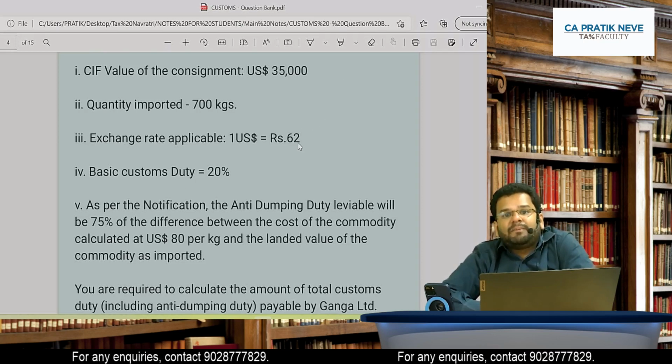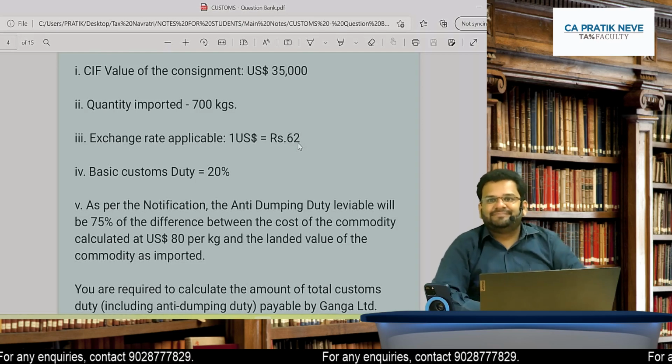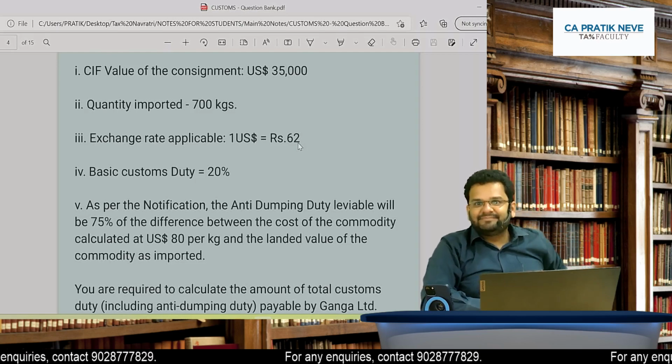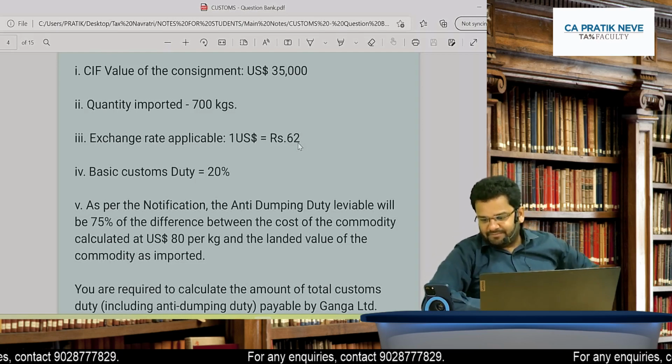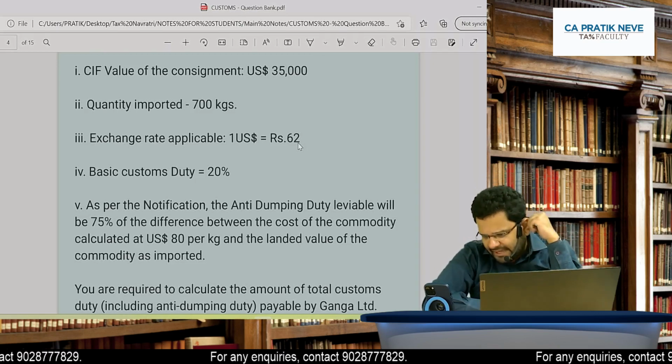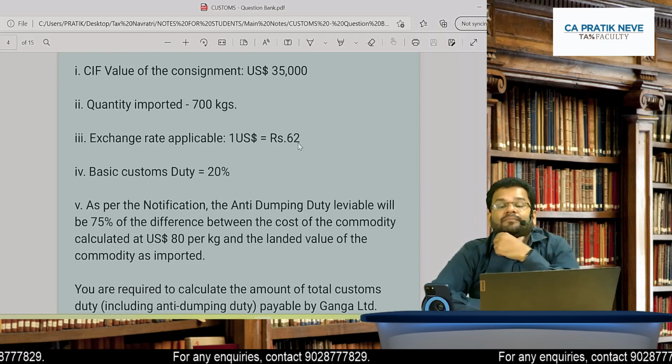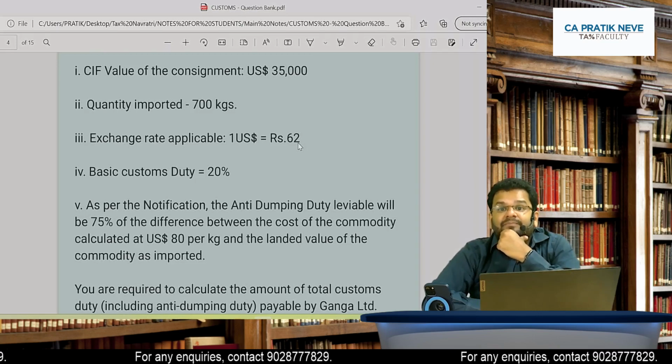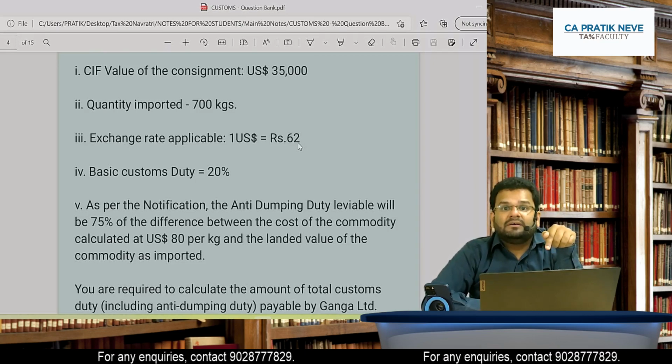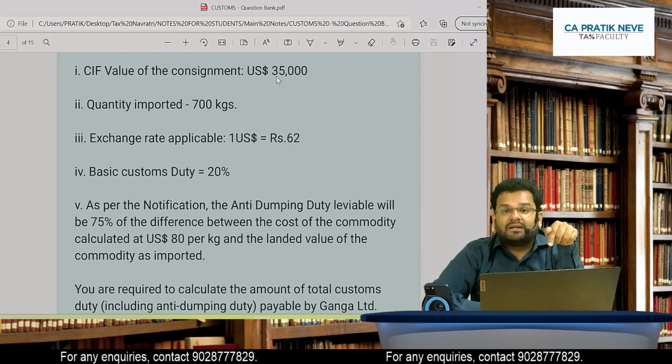But if you multiply by 62, you will get it in rupees. How much in rupees? Yes, 34,72,000.